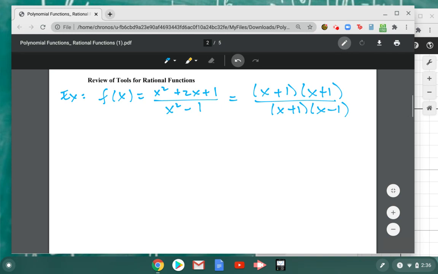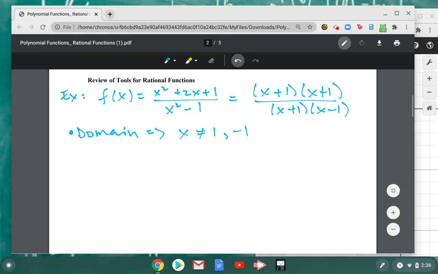We're going to go ahead and start with the domain. So domain restrictions. So domain is, we need to throw out 1 and negative 1.